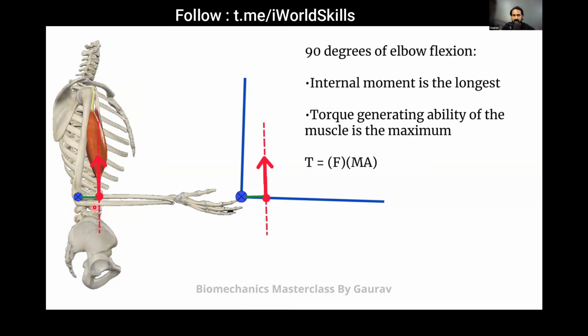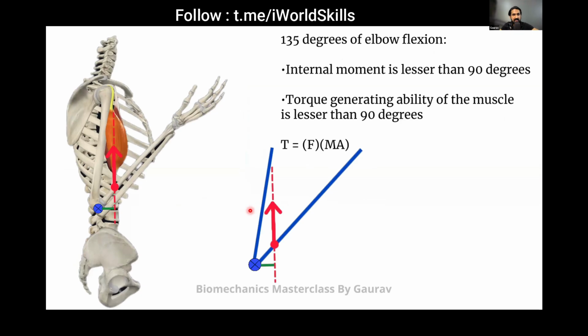So doesn't that mean that the torque generating ability of the bicep muscle is the maximum in this position? Type 1 in the chat if you agree. If the moment arm is the longest in this position, the torque generating ability of the bicep muscle is the maximum in this position.